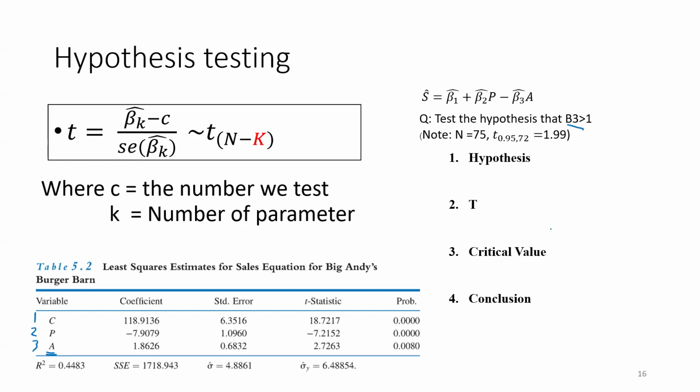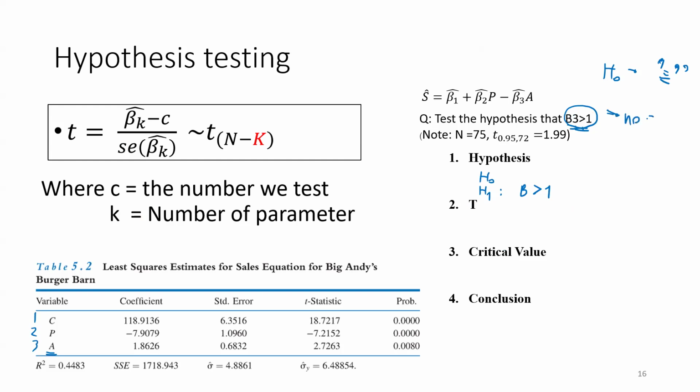H1, because H0 must have an equal sign. Can you still remember this one? So beta 3 greater than 1, no equal sign, so it must go to H1.